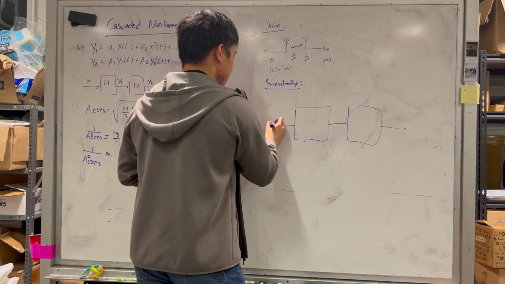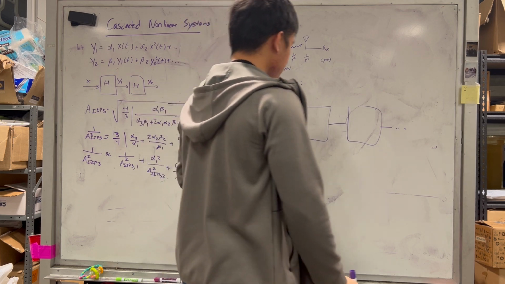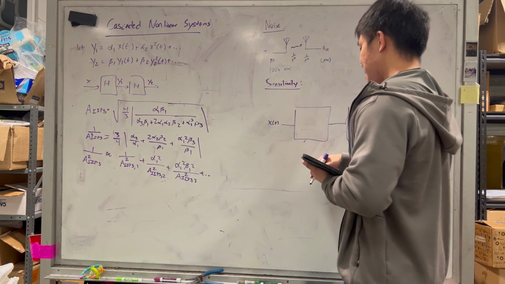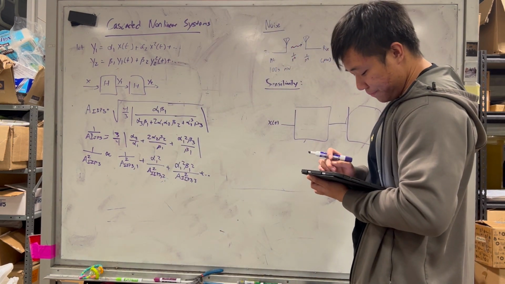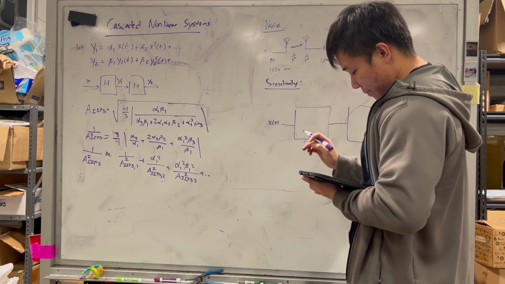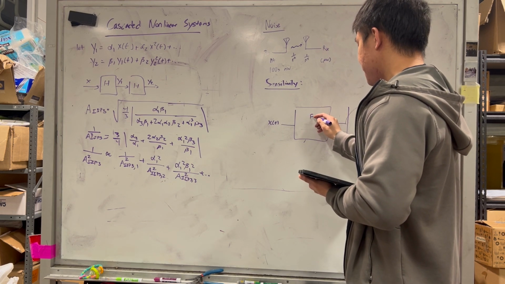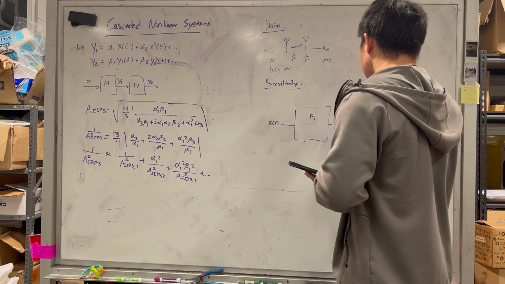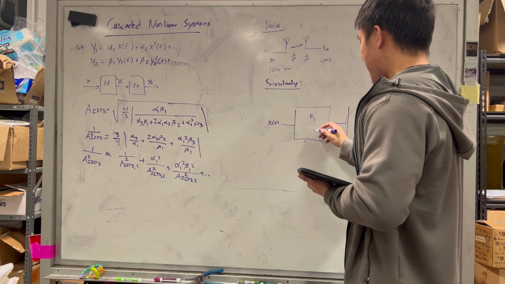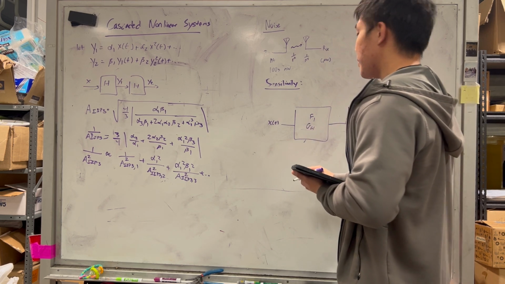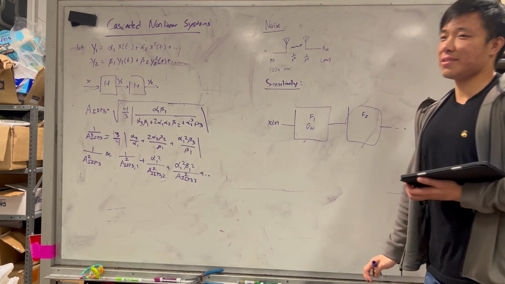I could just say any input here, right? And this contributes, let's say, some noise, let's just call it F1, and this contributes F2. And let's say there's some power gain 1, and actually, here's a quick question.